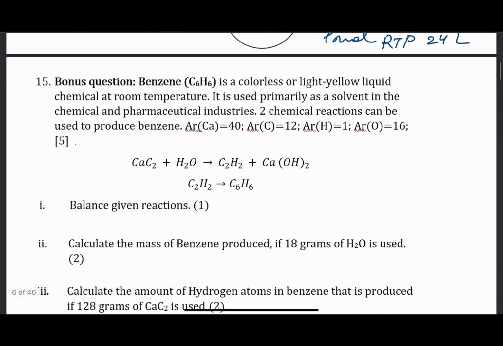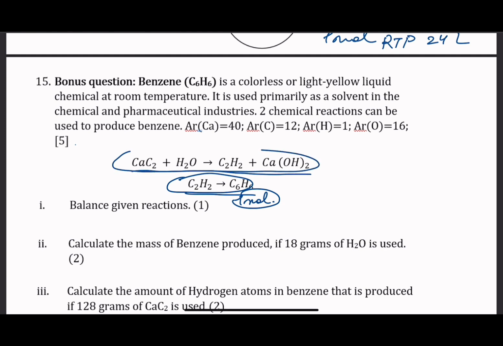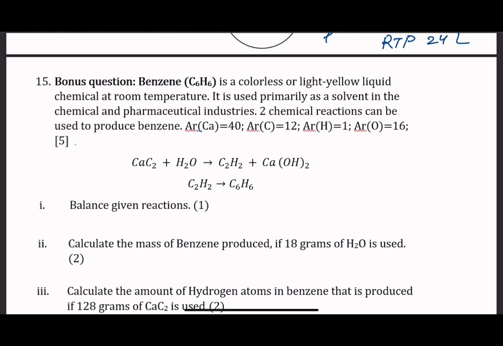Now you might really review these 2 reactions. So when you have 2 reactions in a row, and if we ask you a mole of the last one from here, you need to do a calculation for this one, and then you need to do a calculation for this one, because as you see, we have in here ethyne that is made as a product, is used as a reactant in the second reaction.